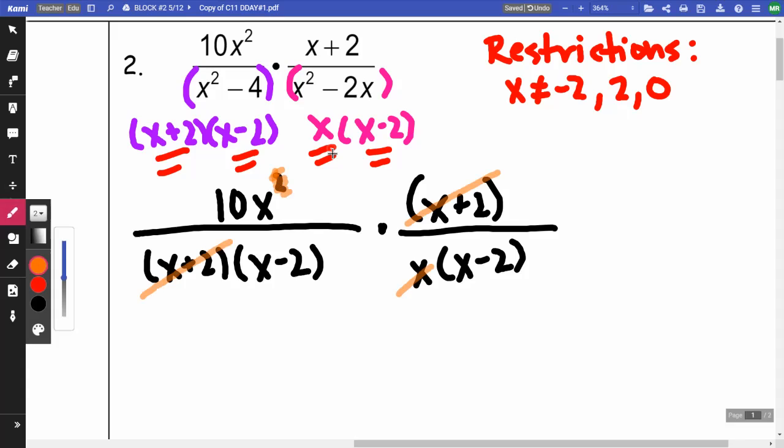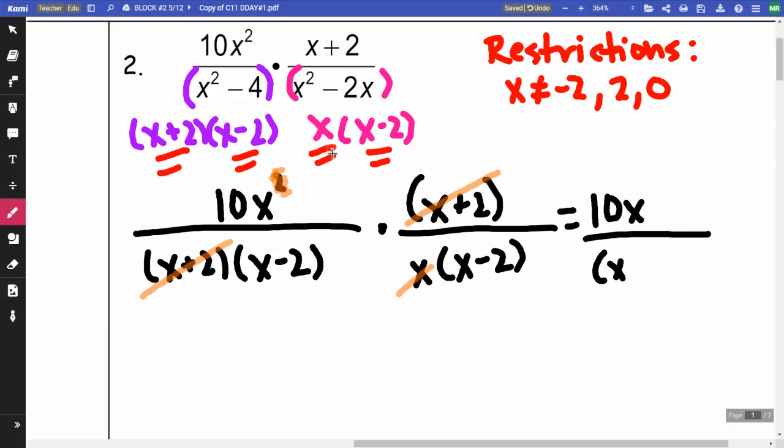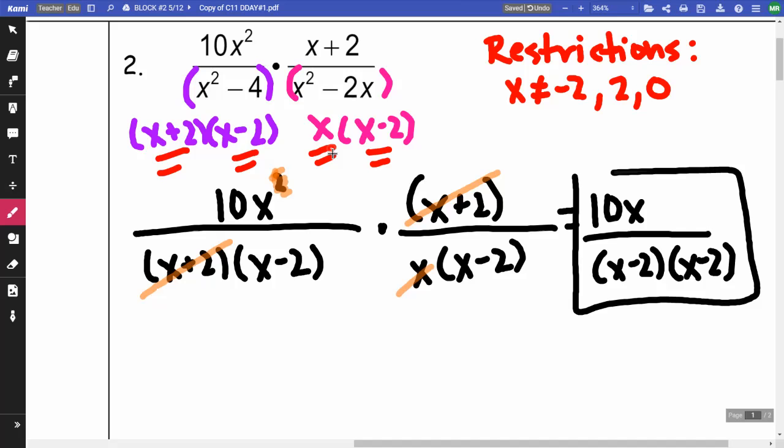And so I am going to end up getting 10x on top over x minus 2 times x minus 2. And that is my answer.